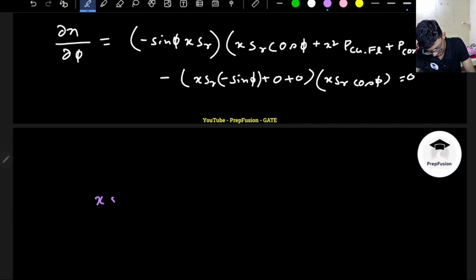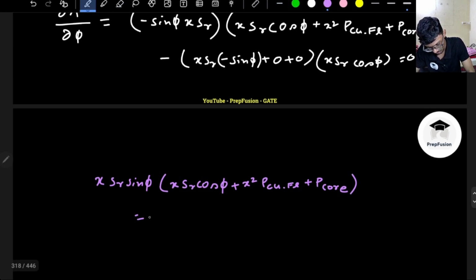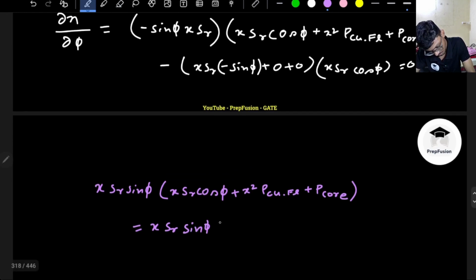So this will be x S_R sin phi into x S_R cos phi plus x square P_cu,FL plus P core, then equals to x S_R sin phi whole square, right? x square S_R square sin square phi. So not sin square phi, this will be sin phi cos phi.